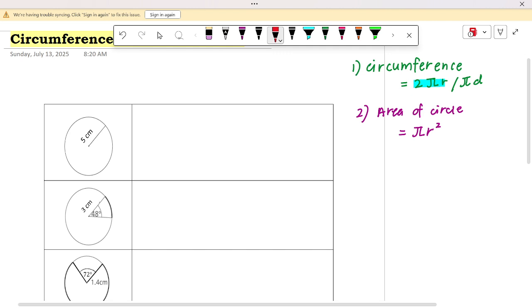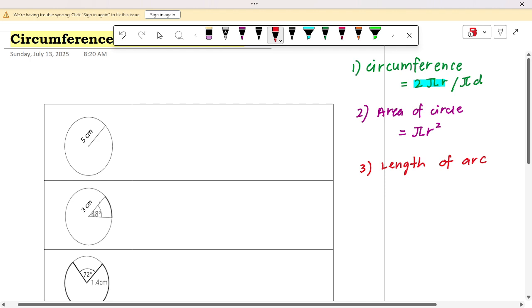The next formula refers to length of arc. For length of arc, it's related to the formula for circumference. You will see later how it is linked. So for length of arc, theta over 360 is equivalent to arc length over 2 pi r.